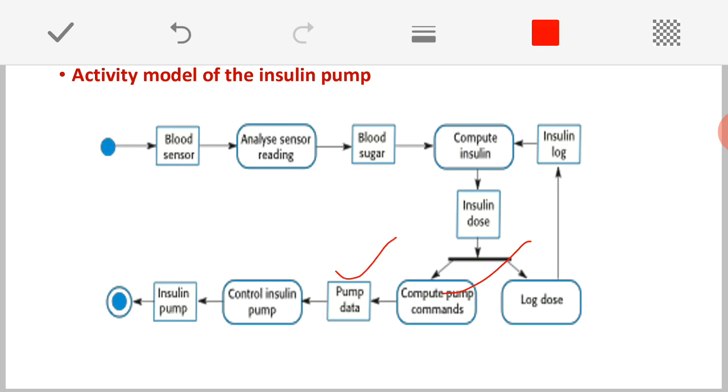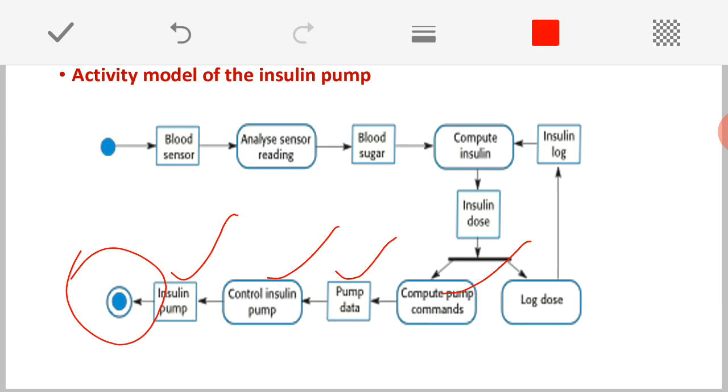Based on that data, the amount of insulin will be injected through this activity called control insulin pump. Is it clear? Then that amount of insulin will be pumped or injected into the body of the patient finally. This is how the overall insulin is computed and injected into the body of the patient.